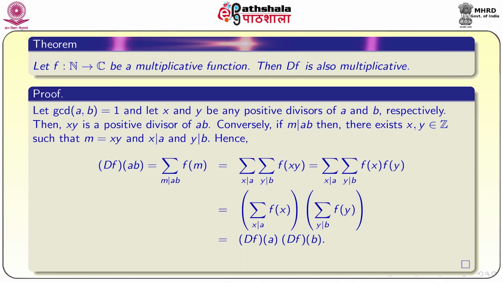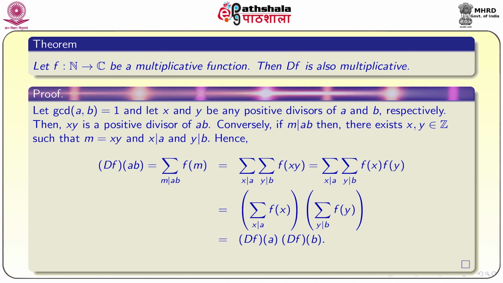Now, we will see that if f is a multiplicative function, then df is also multiplicative. Recall that df is the divisor sum of f. So, if f is multiplicative, then df is also multiplicative. The proof goes very easily. Let us take two integers a, b with GCD of a comma b equal to 1.